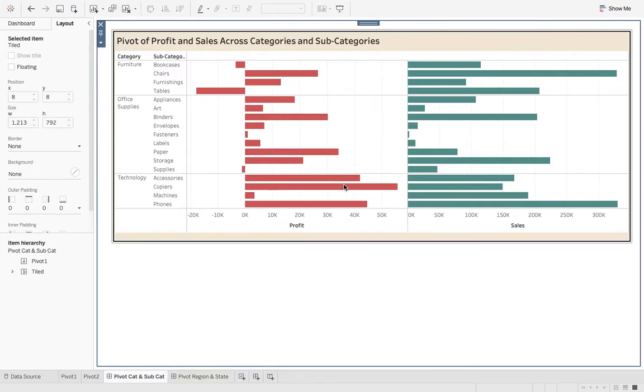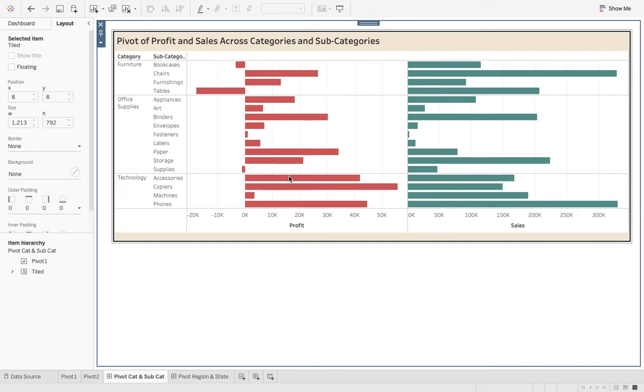So I've done this in Tableau, as you all can see. So it's very easy to understand here that for furniture category and tables, the sales seem to be pretty high, but there's a very huge loss that is incurring.